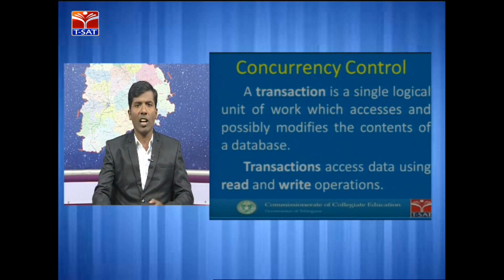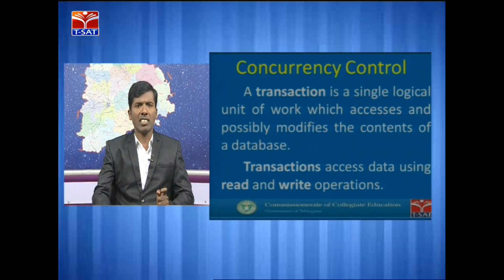So, I try to introduce a term called transaction here, with which we go ahead in understanding the concurrency control in DBMS. If you take one example of a bank, each and every bank will have many customers, and all those customers will perform many transactions.